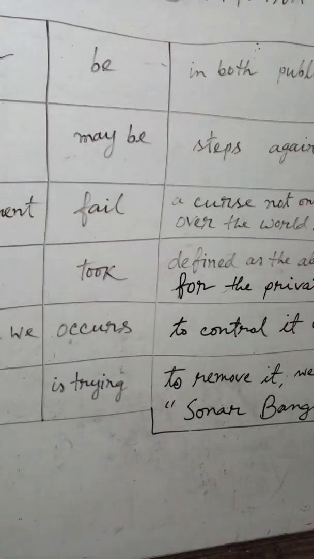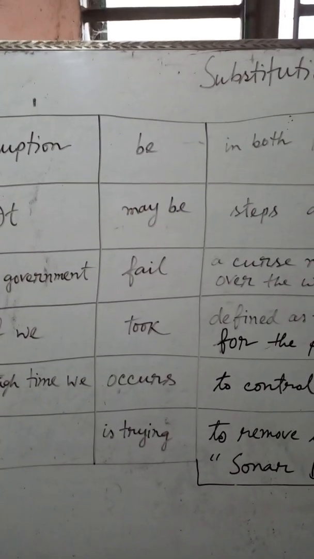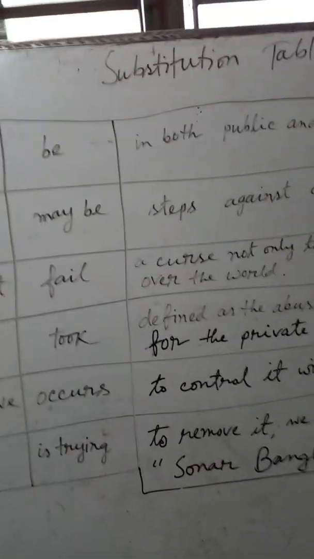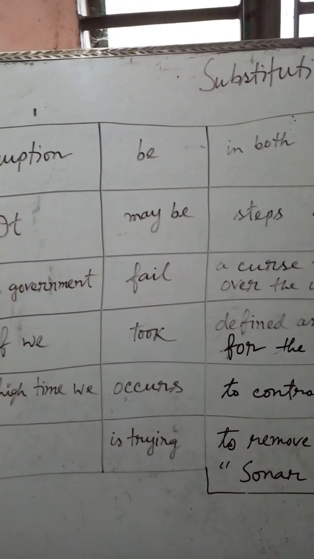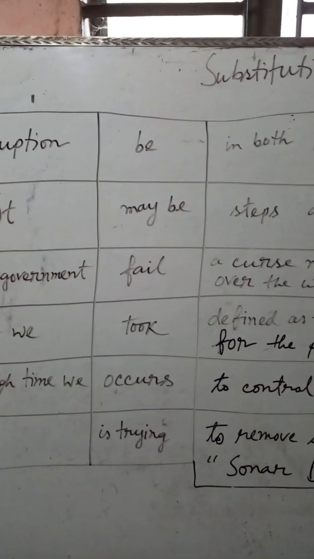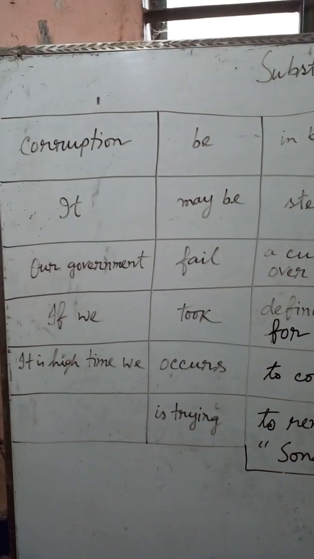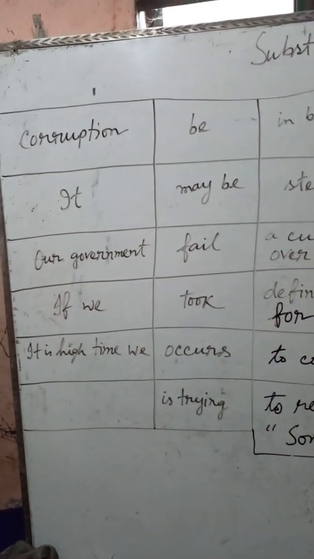If the passage is given in past tense, you have to put was or were. I would like to repeat the verbs again: be, maybe, fail, took, occurs, and trying.